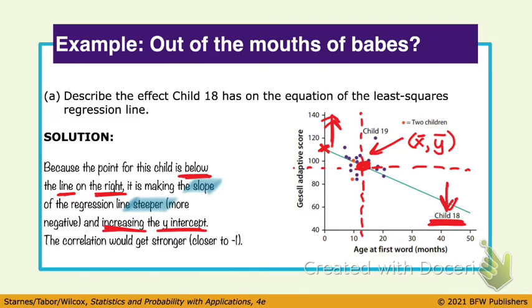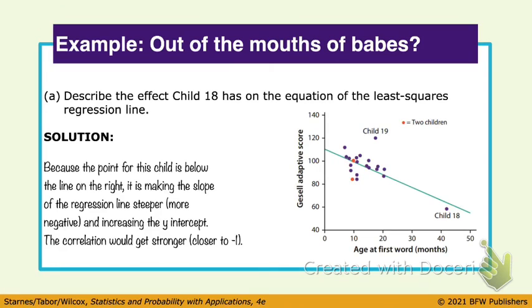The slope is steeper, the y-intercept increases, and this child would make the correlation stronger because they're pretty close to the line and they're far away from the rest of the data, so it kind of makes the line look even a little bit better. It makes the line a little bit more valid even far away.